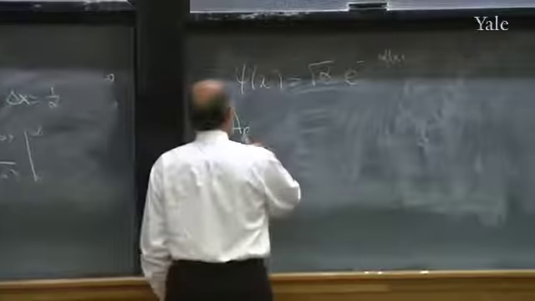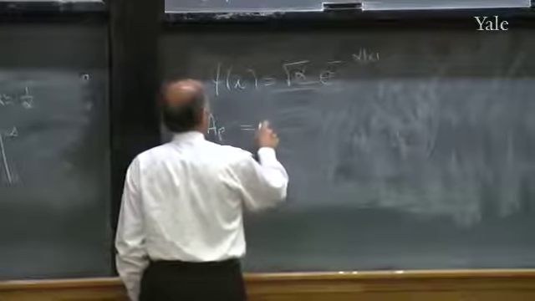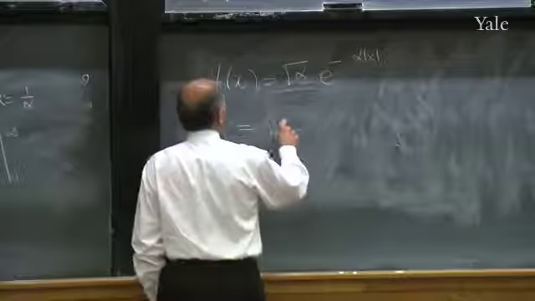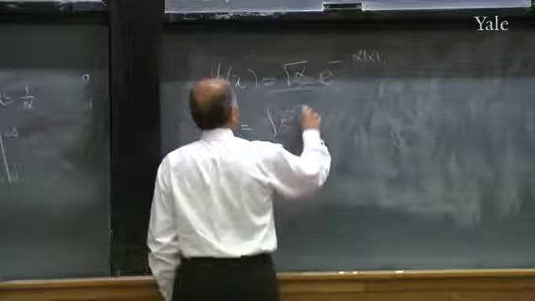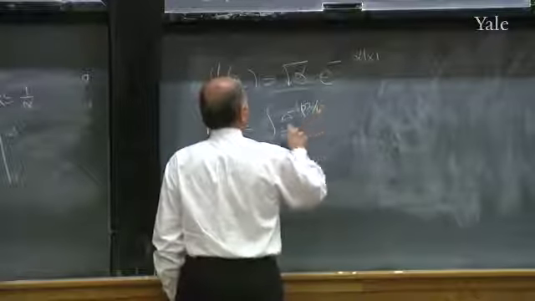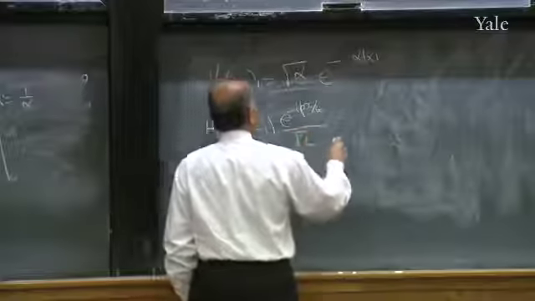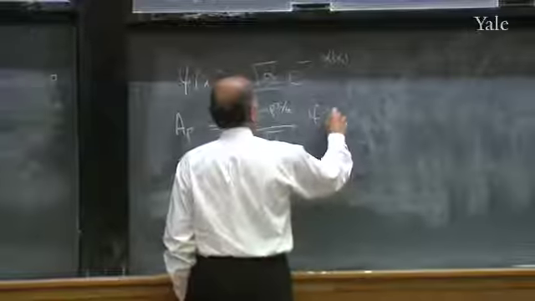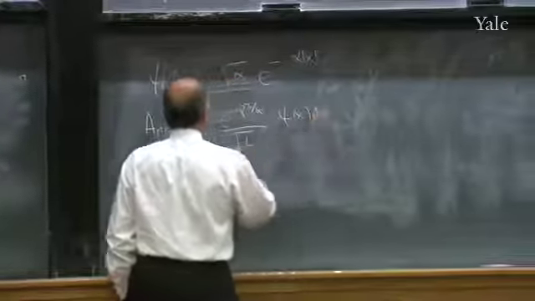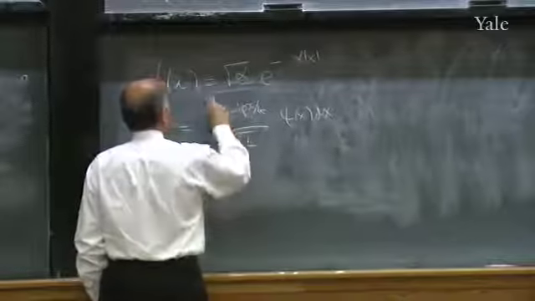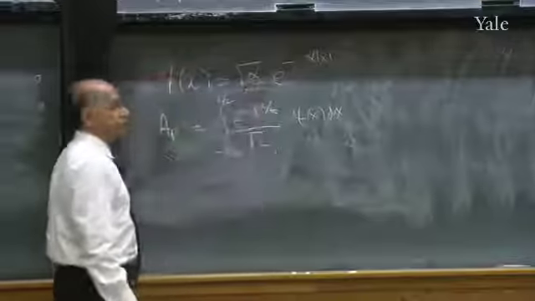A of p, the coefficient of the expansion, you remember, is the integral of e to the minus ipx over h bar over square root of L times psi of x dx from minus L over 2 to plus L over 2.